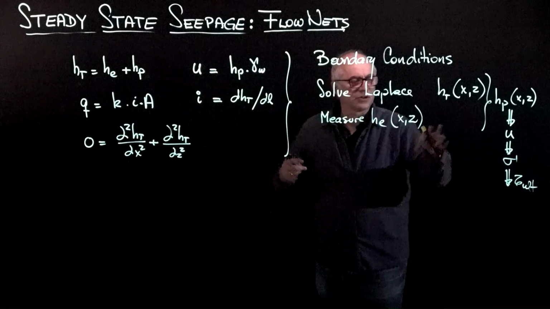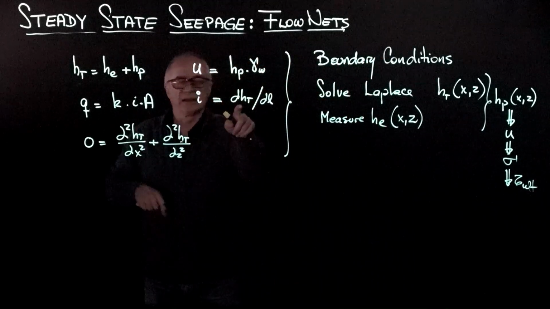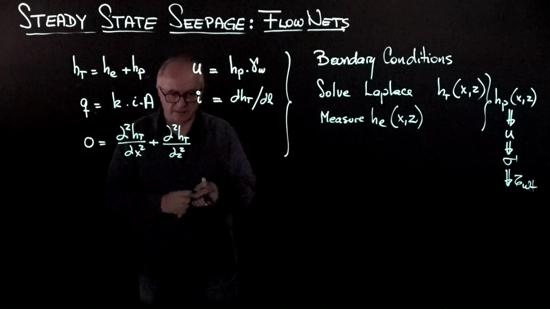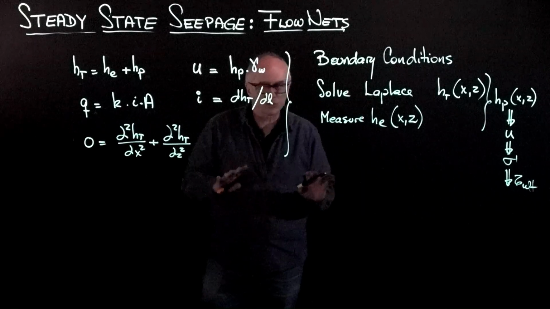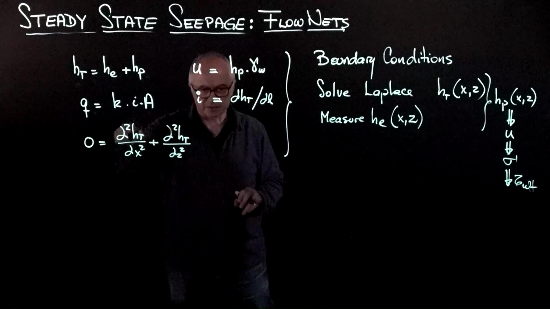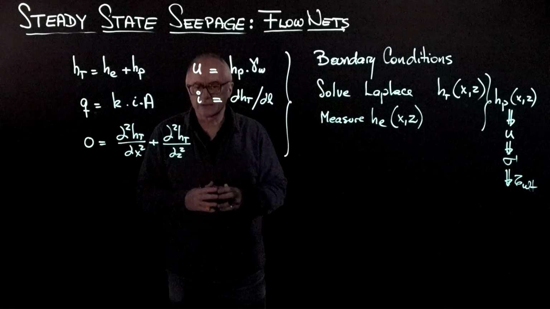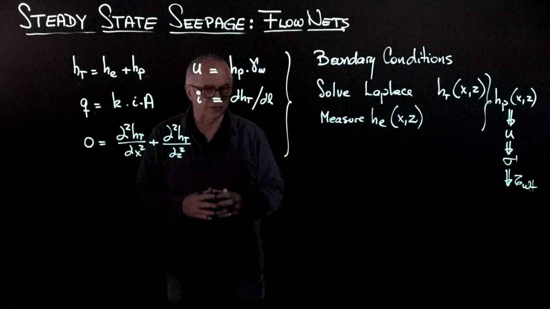And by the way, knowing the total head everywhere, I can compute the gradient everywhere. That means that I can compute the flow rate everywhere in my system. The issue is, how do we solve this equation? There are many ways to do it, and for some very simple boundary conditions and geometry, there may be a closed-form solution, for example, for radial flow.